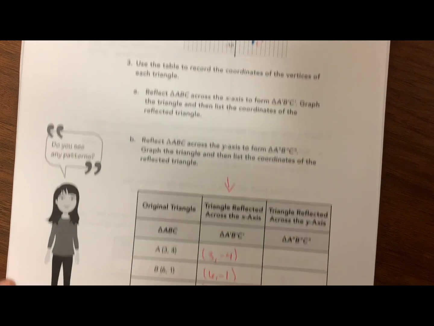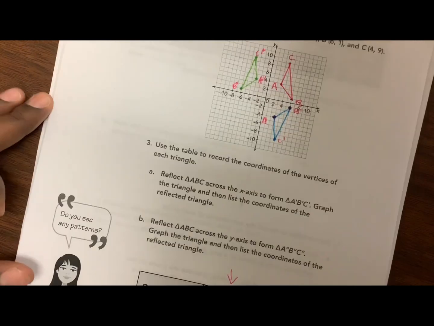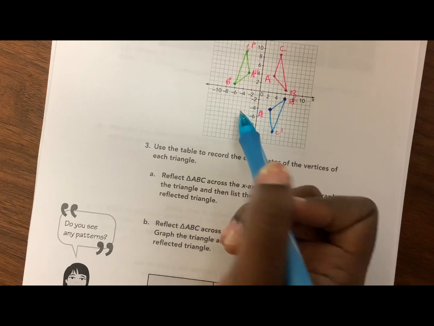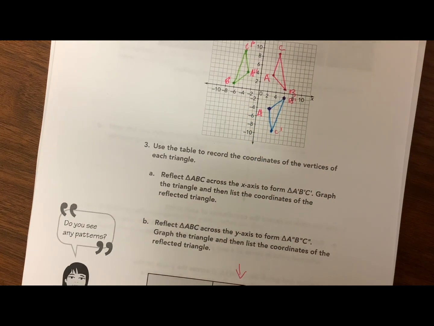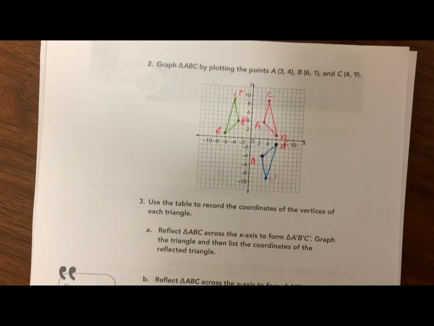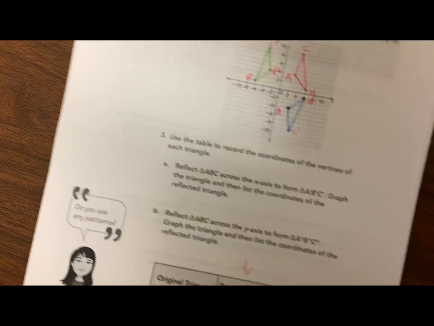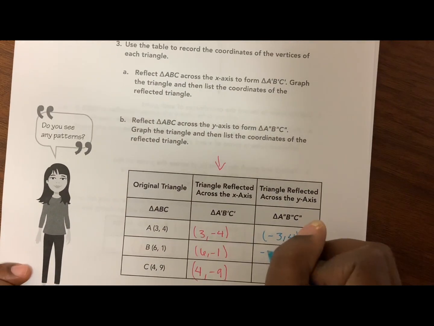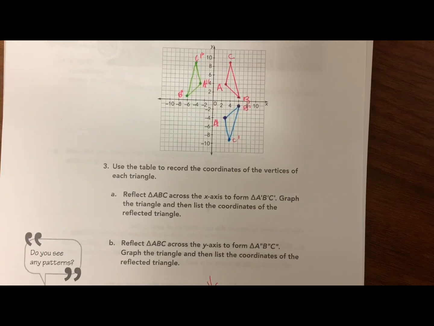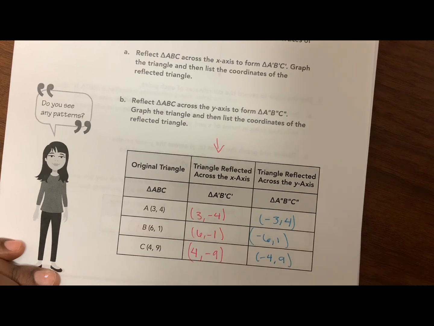Looking at our triangle reflected across the y-axis, we have A at -3, 4. We have B at -6, 1. And we have C at -4, 9.